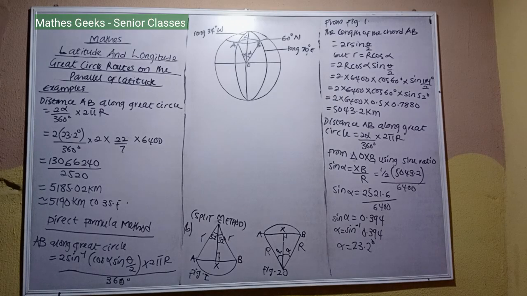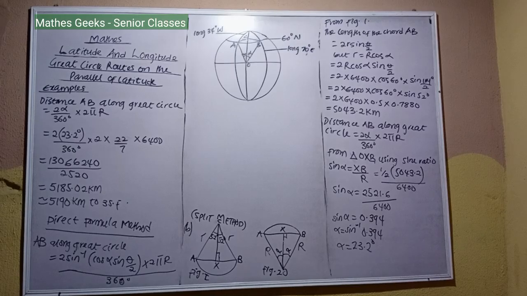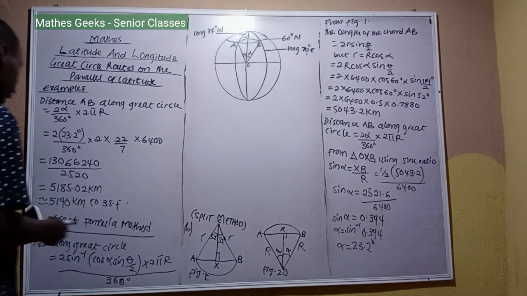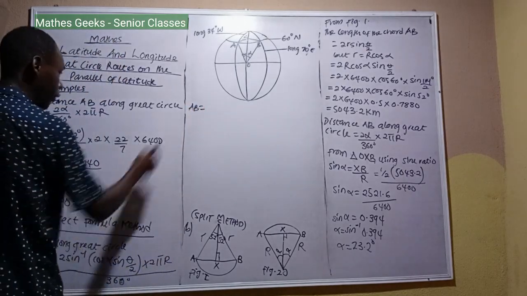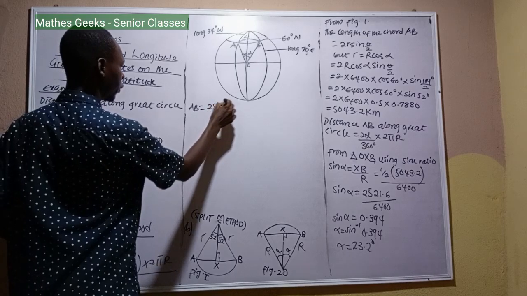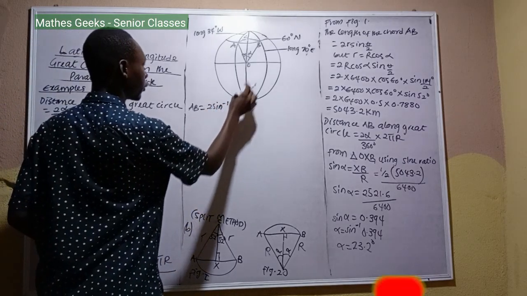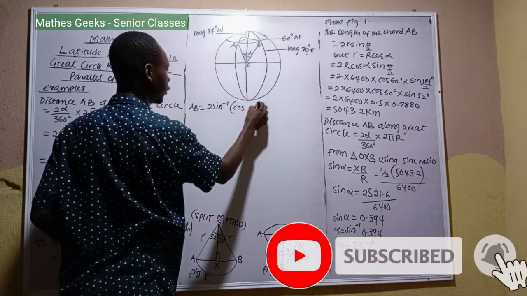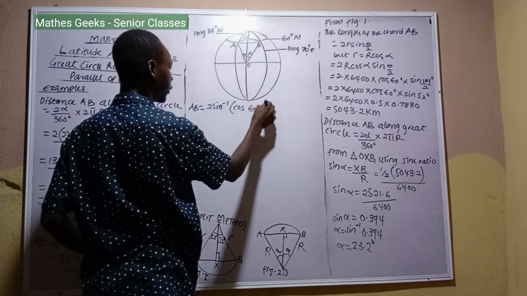So this is a formula. And AB is equal to 2 arc sine cos alpha. Cos alpha is cos 60 degrees, which is the parallel of latitude on which A and B are lying.